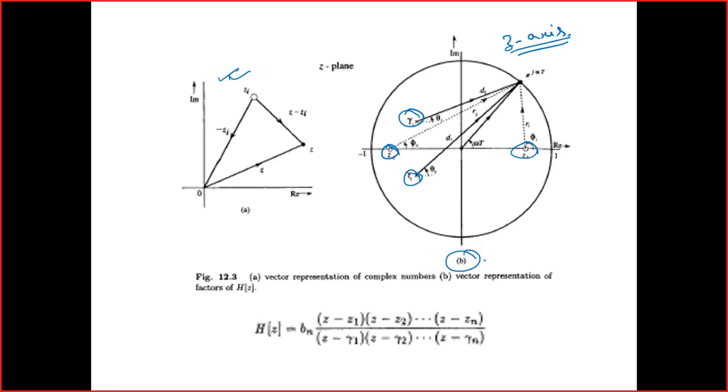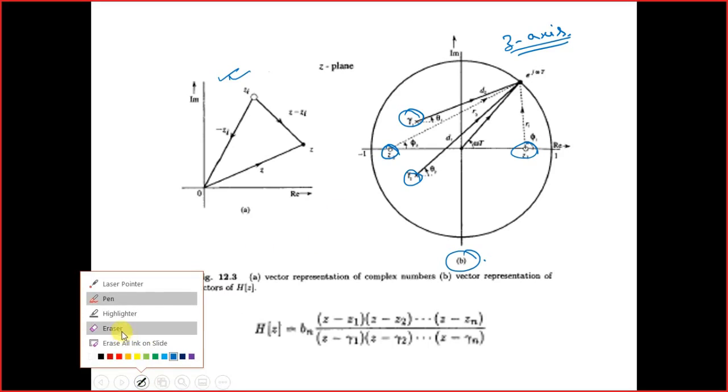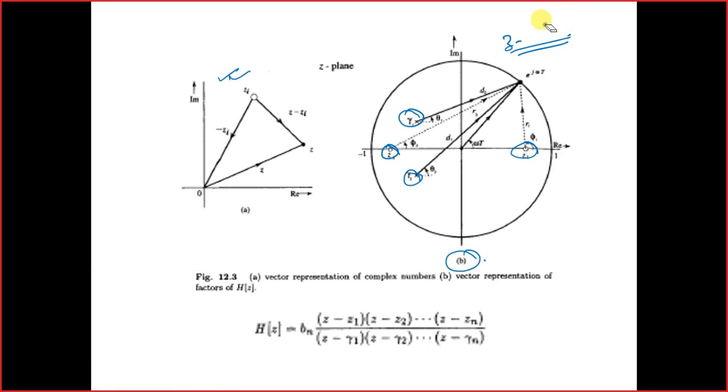So we are putting the poles and the zeros not on the Z axis, on the Z plane, sorry. Okay, so we are putting these poles and the zeros on the Z plane.